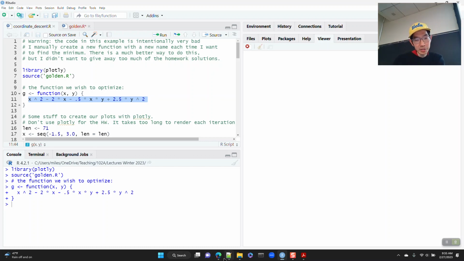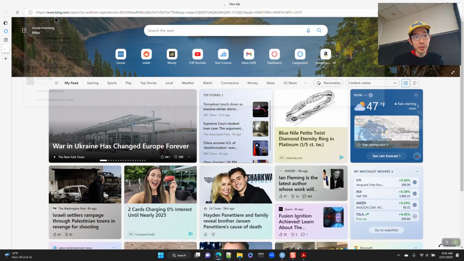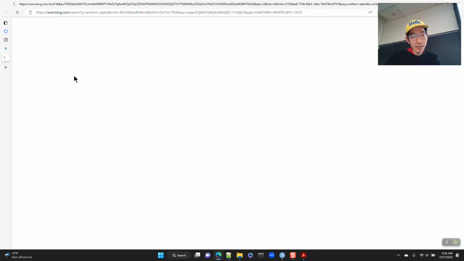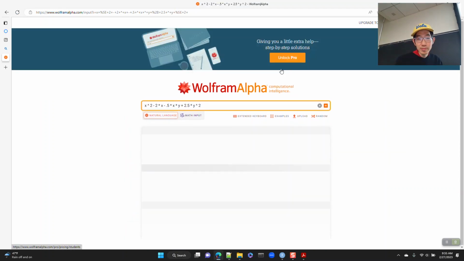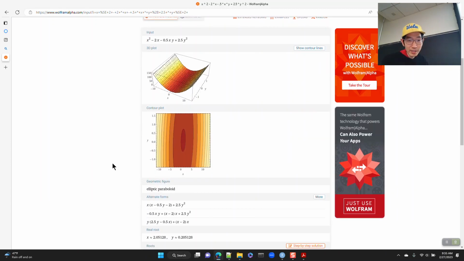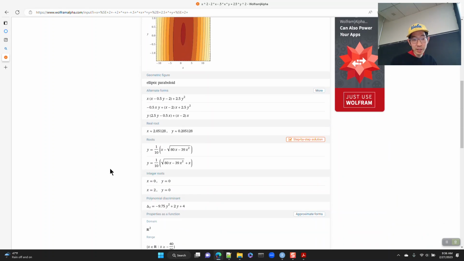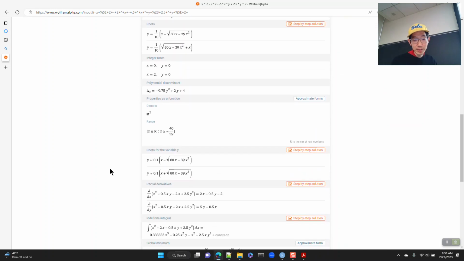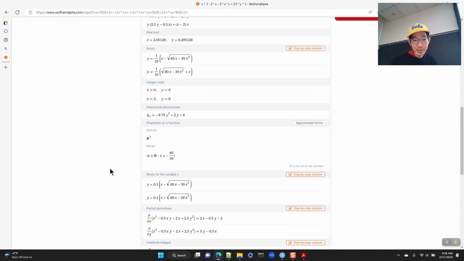Now with this, I can actually go to, say, Wolfram Alpha, and I can put in that function. And it plots it, and I guess this is what the function looks like. Where's the minimum?